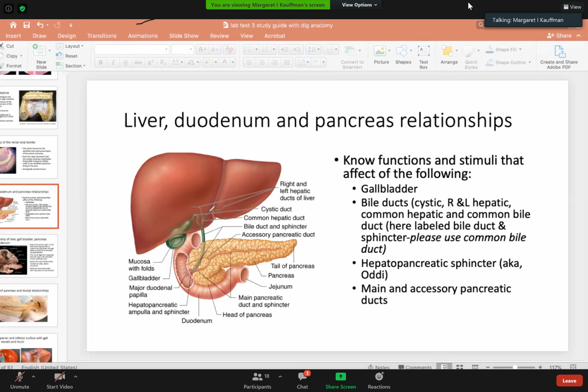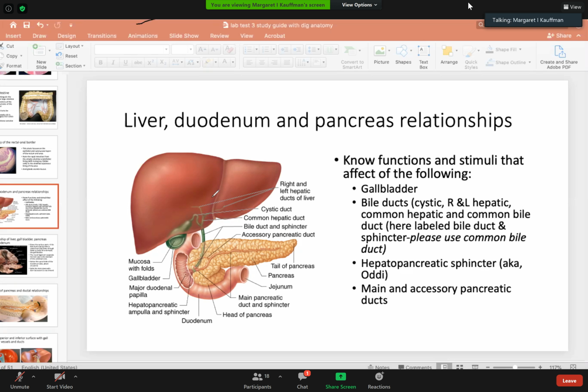It's entering into these right and left hepatic ducts, and from there flowing into the common hepatic duct. Common means it comes from two sources. Hepatic, it's liver, two sources of the liver. It flows down towards the sphincter, but the sphincter is closed.